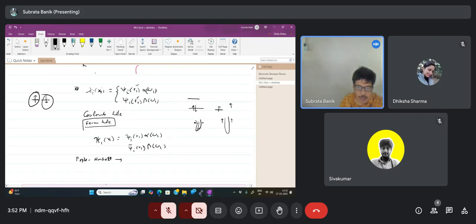That theory is called unrestricted Hartree-Fock theory. What you do in unrestricted Hartree-Fock theory is consider different space orbitals for alpha and beta. So in that case, we have a set of space orbitals here and a set of space orbitals there, and then you put electrons here, and so on.